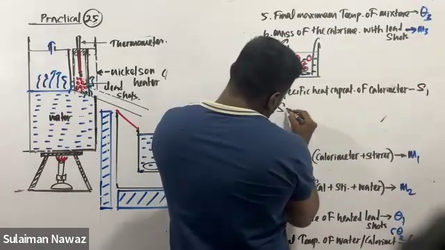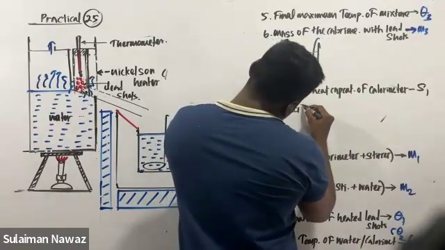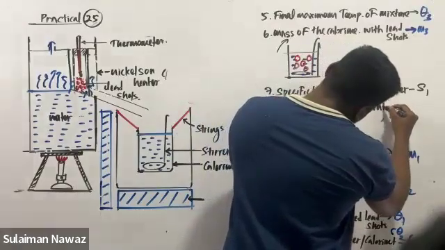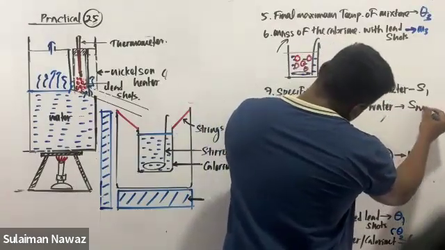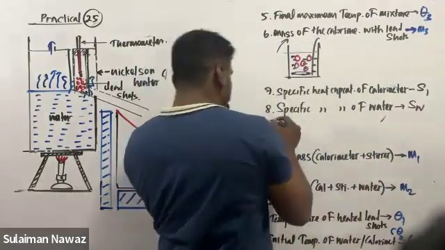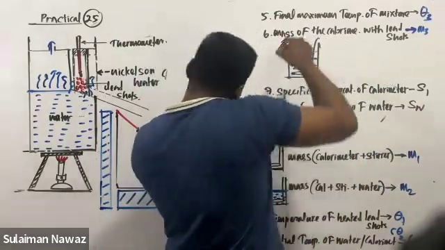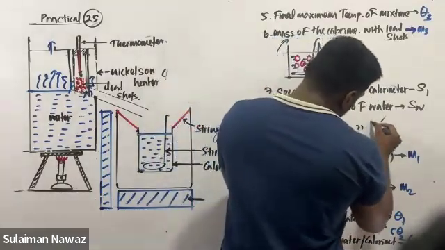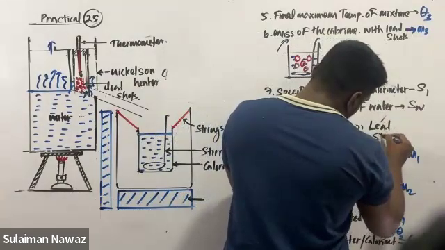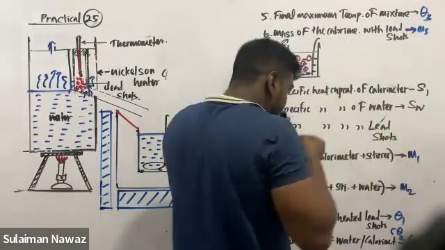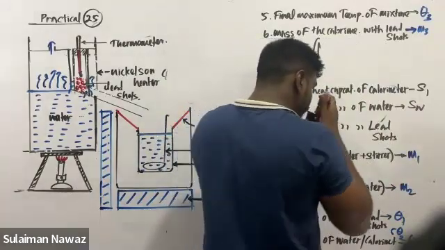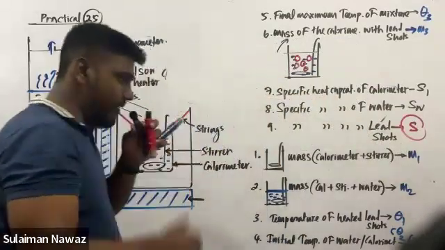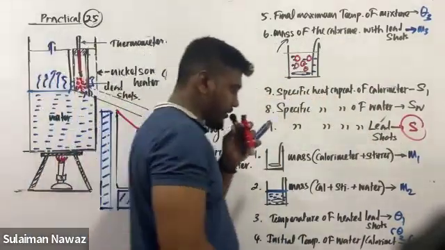Then specific heat capacity of water, we'll take it as SW. And what I want to find is the specific heat capacity of the lead shots, which we'll take as capital S. I want to find capital S.